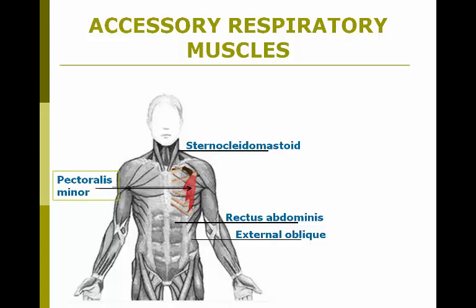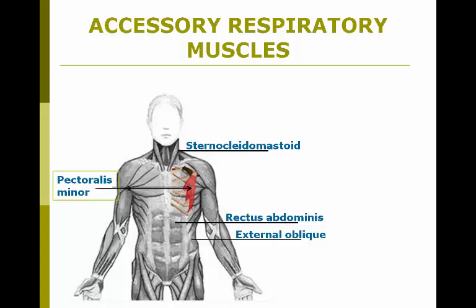The pectoralis minor muscles and the sternocleidomastoid muscles, when they contract, are going to lift the ribs and sternum up just a little bit more and outward just a little bit more than what the external intercostals were able to achieve, meaning that when you force air in, the volume of the thoracic cavity is going to have to get slightly larger than it would otherwise, as accomplished by those two muscles. So they're accessory inspiratory muscles.